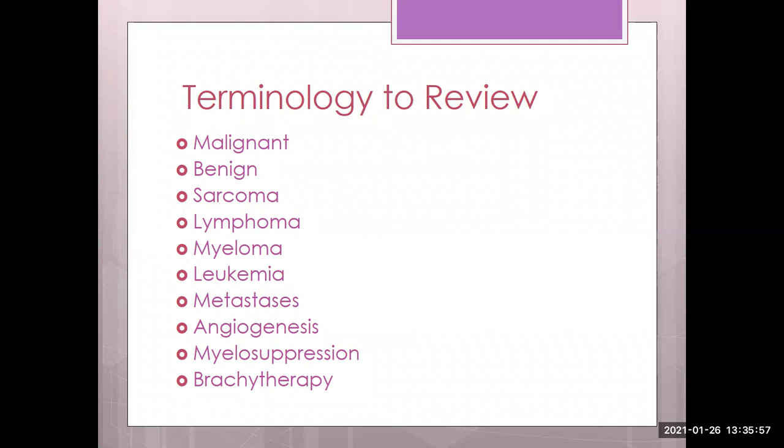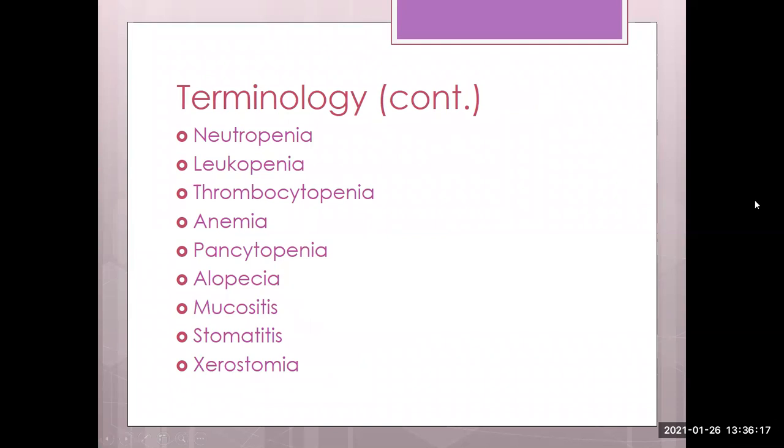I'm not going to ask you to define a term. It's more when you have the stem of the question and some of these terms are used, are you going to be able to adequately answer the question if you don't know what the words mean? There are 3 slides that have various terms on them for you to review. If you have any question about any of these, then just let me know.